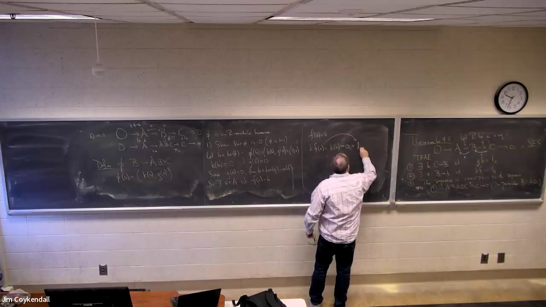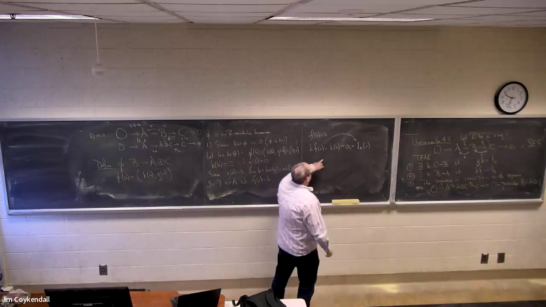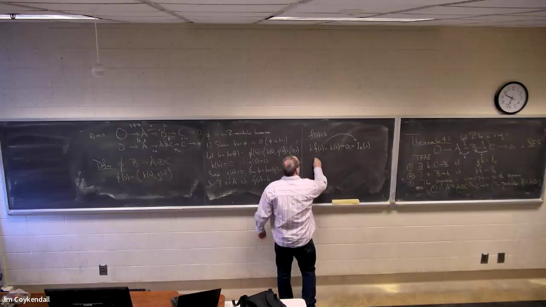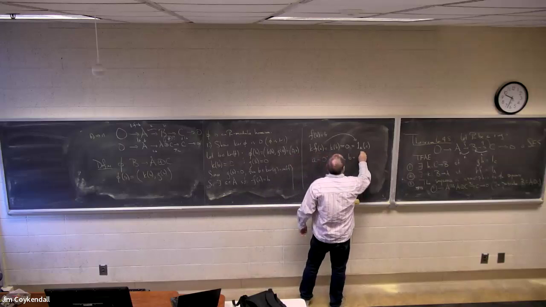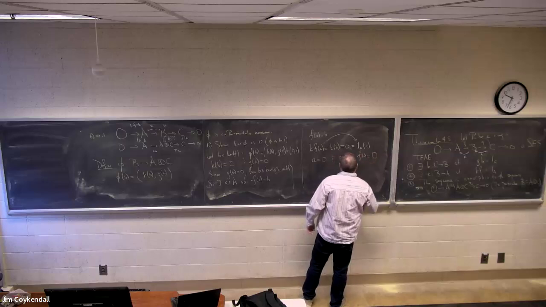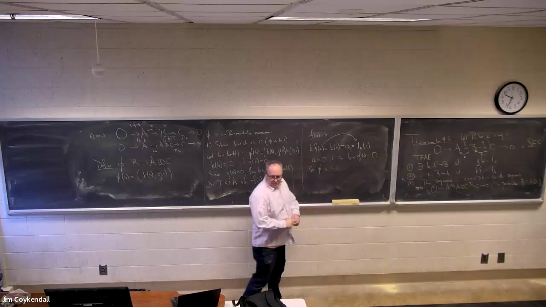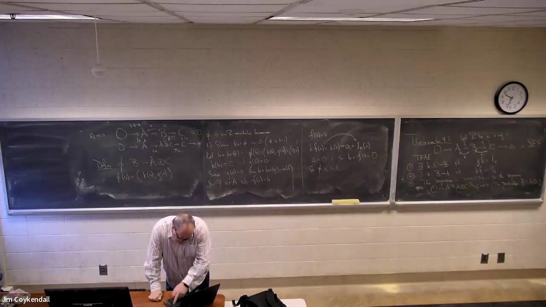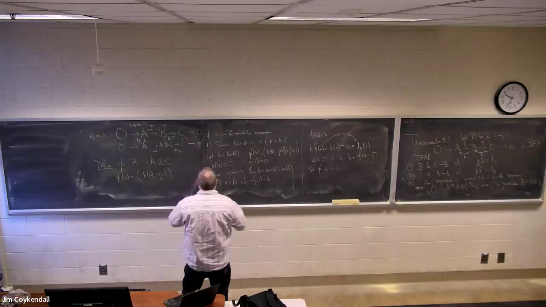KB is 0, but this is the identity function on A. So A is 0, and so B, which is F of that, is 0. Now, I guess what we want to do is show that it's onto.